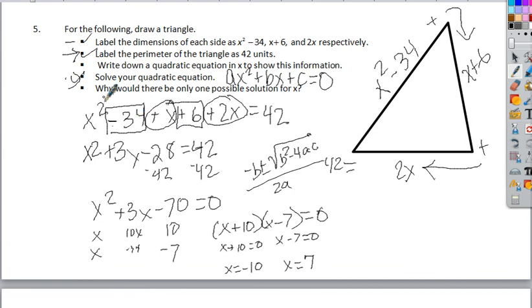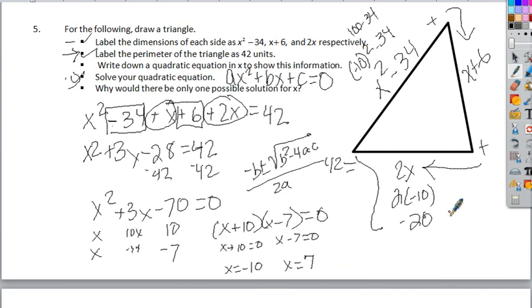Now it says, last question, big question, the one that makes you think: why would there only be one possible solution for x? Well, let's go ahead and plug this negative 10 in right here. Negative 10 squared minus 34 gives you 100 minus 34. Well, that's possible. Let's plug it in here: 2 times negative 10 gives you negative 20.